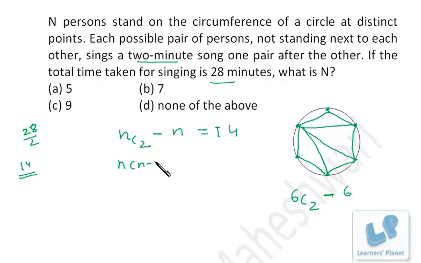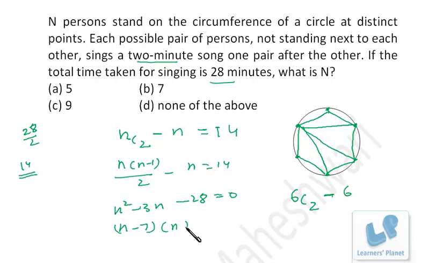Now just simplify it. So it's n squared minus n minus 2n, so it's minus 3n minus 28 is equal to 0, (n minus 7)(n plus 4) is equal to 0. That means n is equal to 7.